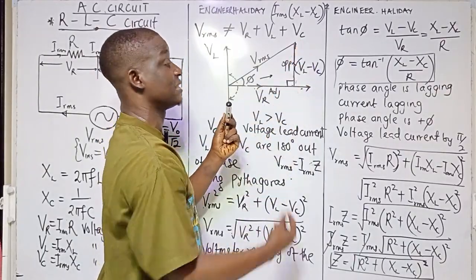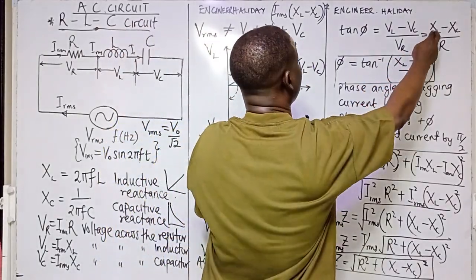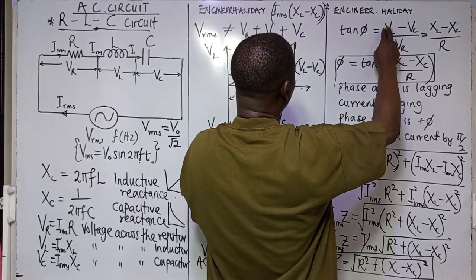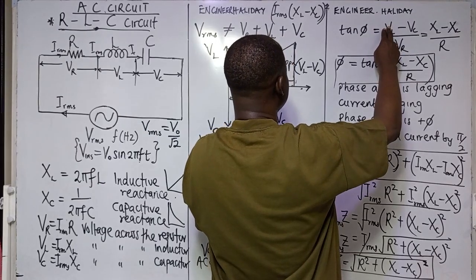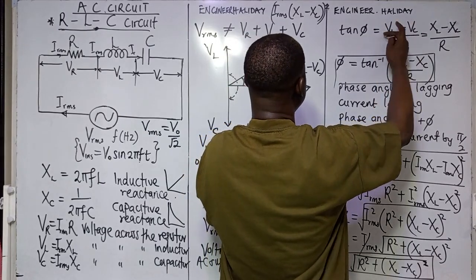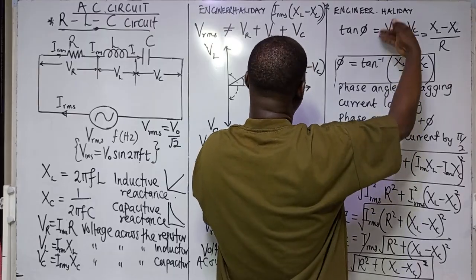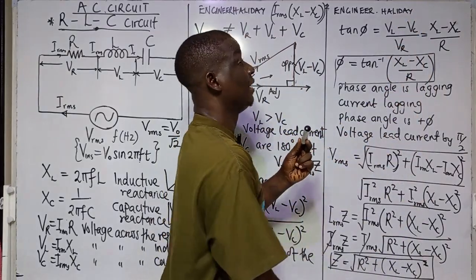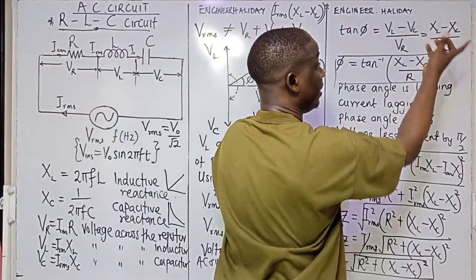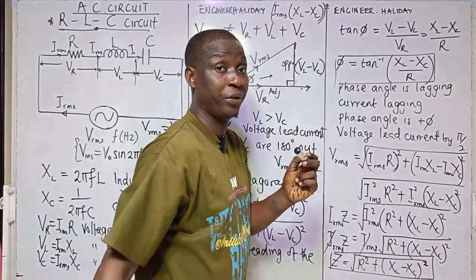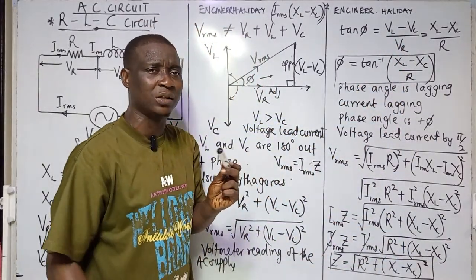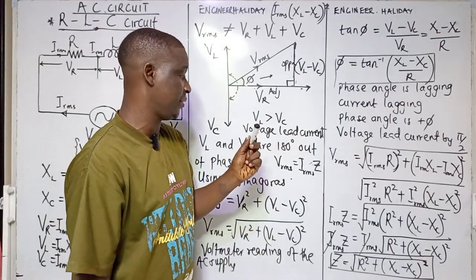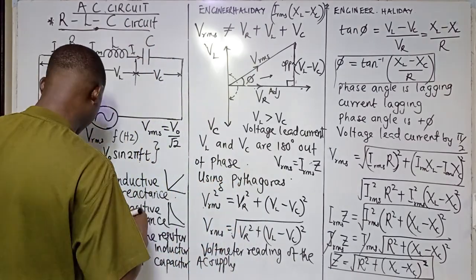The longest distance is the hypotenuse. If you put IR, IXL, and IXC over IR, you notice that the I will cancel out at both the numerator and the denominator, and thereby reduce the formula to something of this nature that you are seeing on the board. It's as simple as that. It's not difficult. Don't panic. Very easy, and it should be taken seriously.